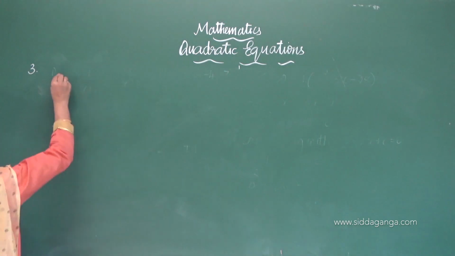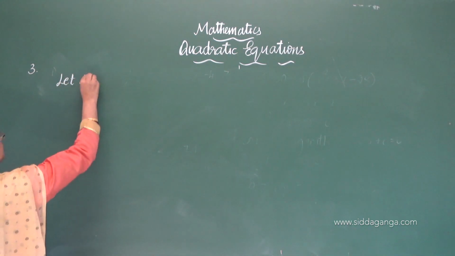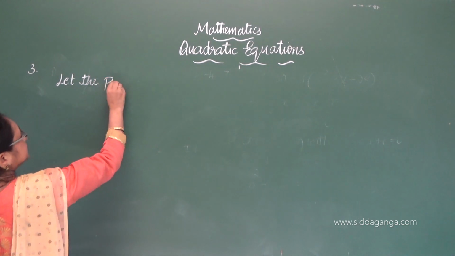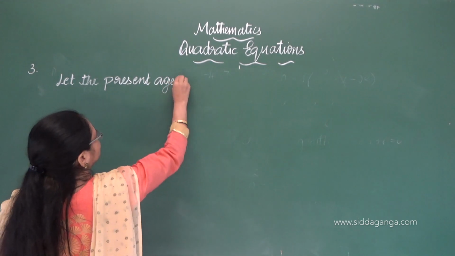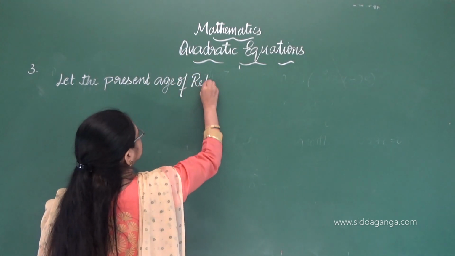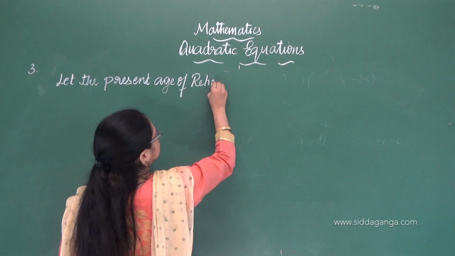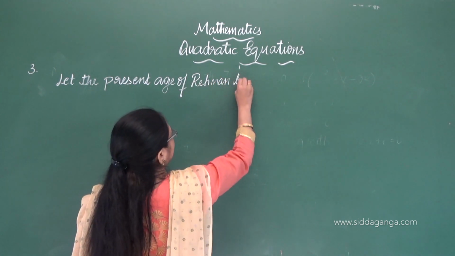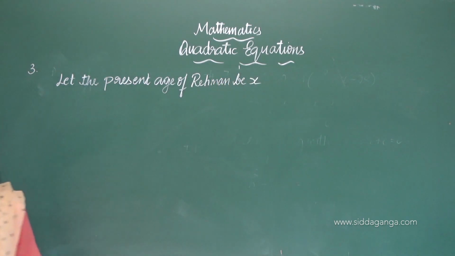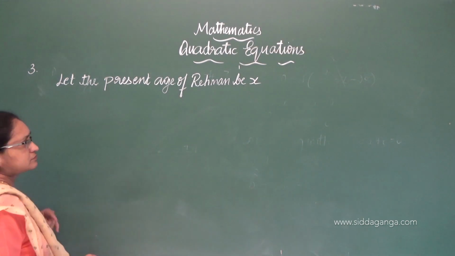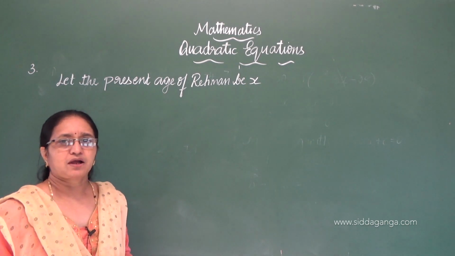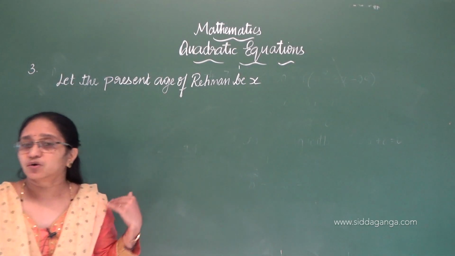Let us start like this. Let the present age of Rahman be x. Okay. Next, what else is given there? 3 years ago.